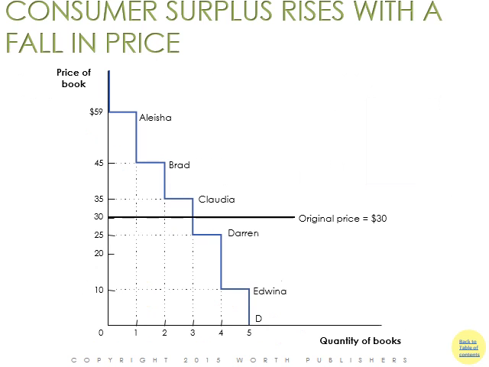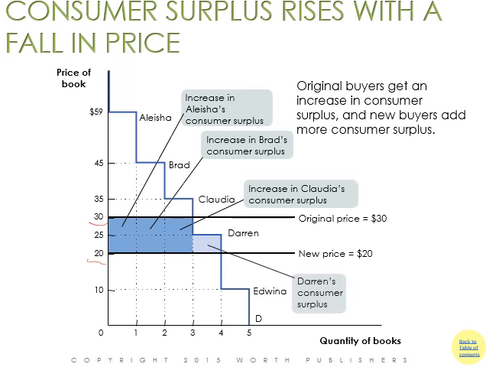If there is a drop in the market price, we see that consumer surplus is going to increase. Here the market price goes from $30 down to $20. And you can see in this example that consumer surplus is going to increase. It increases partly because the people that were buying the textbook before received the textbook at a lower price.